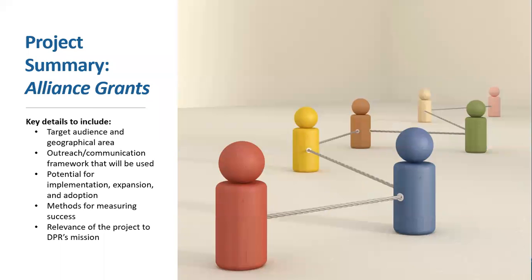So for the alliance grants, key details that you want to address, similar to the abstract, the target audience, and geographical area. Importantly, some discussion of the outreach or communication framework that will be used to reach this target audience. And then the potential for the project's effects to be implemented, expanded, and adopted more broadly.